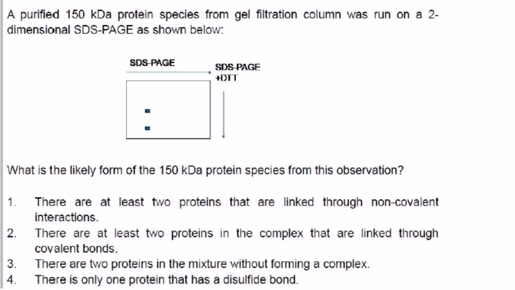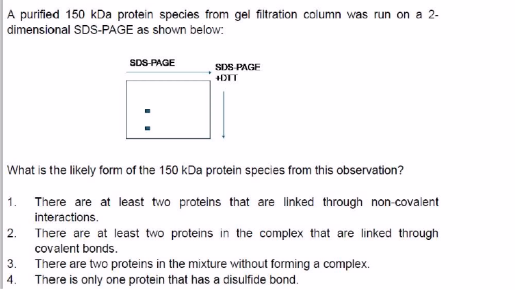In SDS page, the proteins are separated based on their molecular weight or size. That means SDS page will break only weak bonds, not covalent bonds. Covalent bonds are not broken by SDS. But DTT, when you add it, breaks the covalent bond, that is the disulfide linkage.